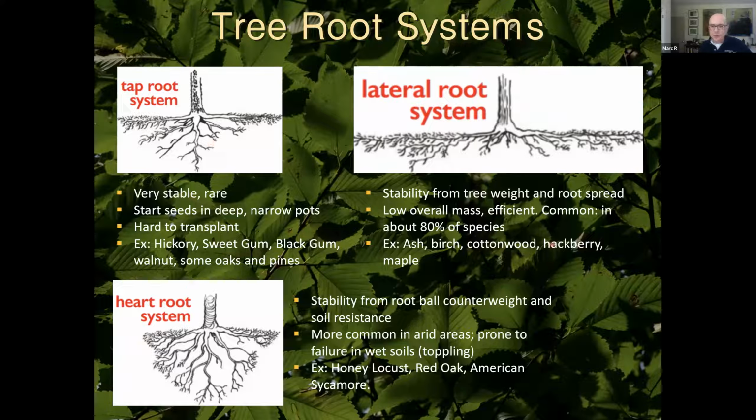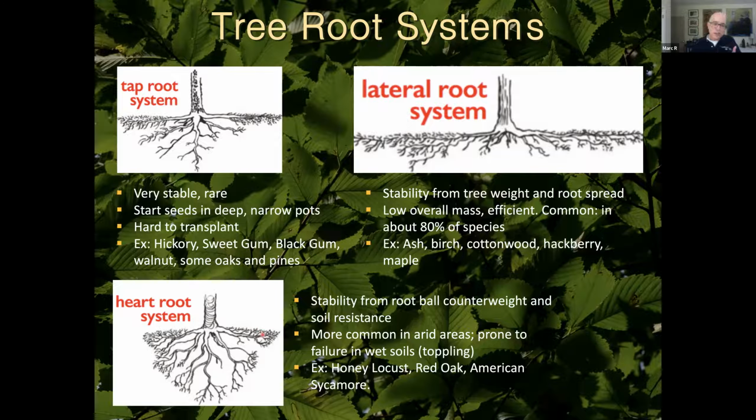So like I said, most of the trees have this lateral root system. Some do have that heart-shaped system, which is sort of like a counterweight to all the massive plant tissue above. It's called a heart root system because it's sort of heart-shaped, or like a ball.